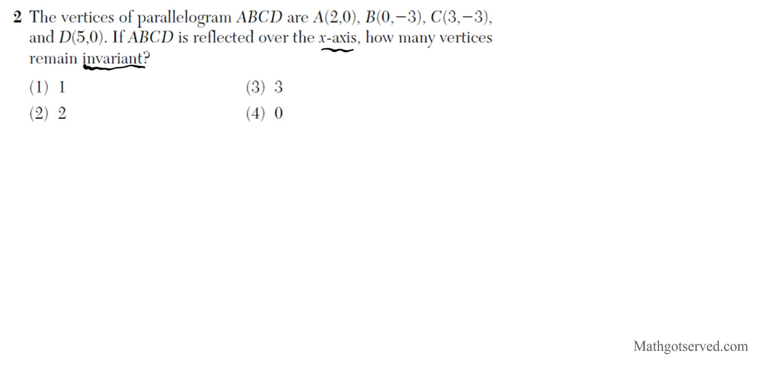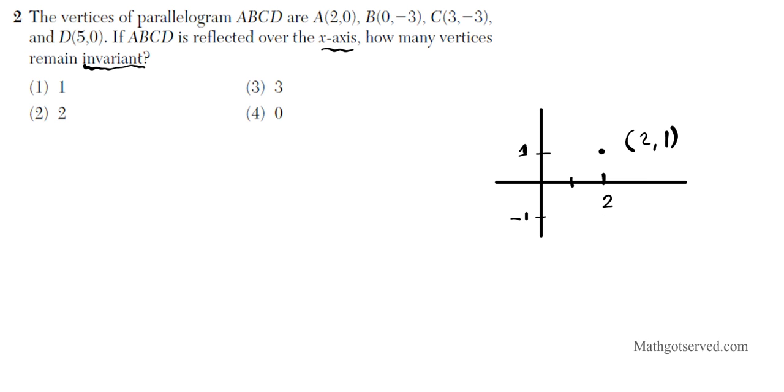Let me give you an example just to illustrate. So let's say I had a random point, (2, 1). If I reflect this point about the x-axis, it's going to go straight down, a mirror image down, and it's going to become (2, -1).